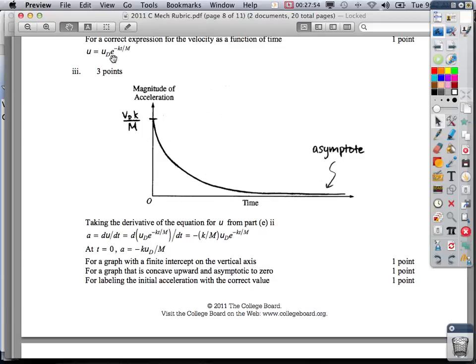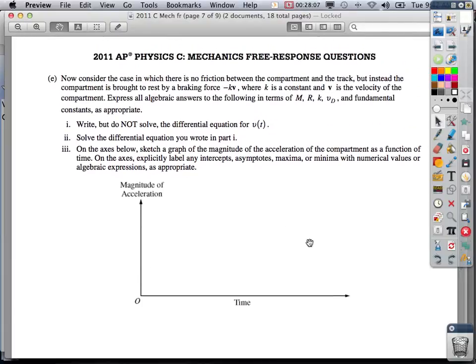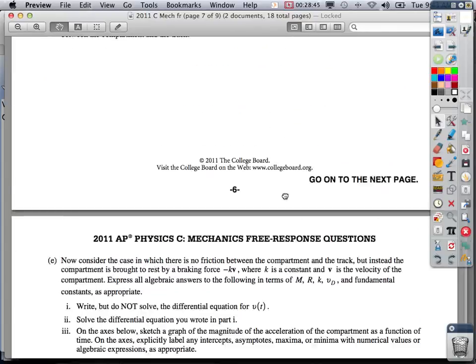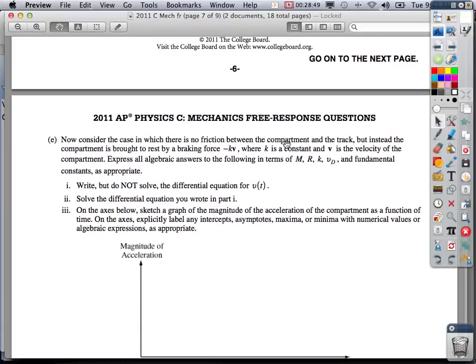Why does the magnitude of acceleration never get to zero? Alan, I'll take a look.